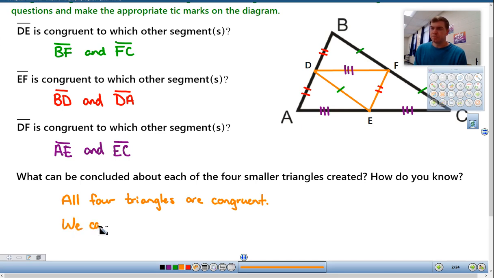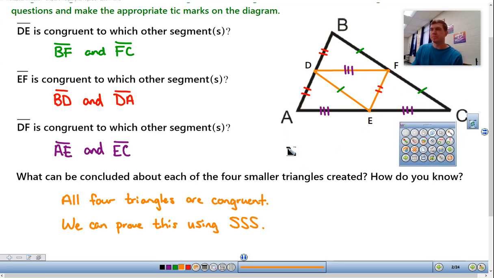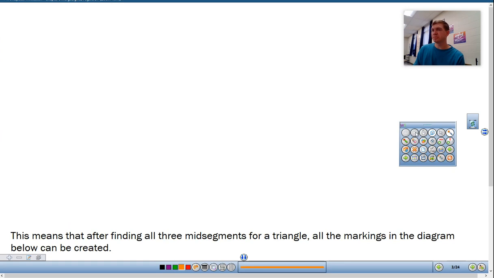We can prove this using SSS, side-side-side congruence theorem. That's just something to pay attention to. Not anything that we're going to use a whole lot, but all right, let's talk about midsegments a little bit further.